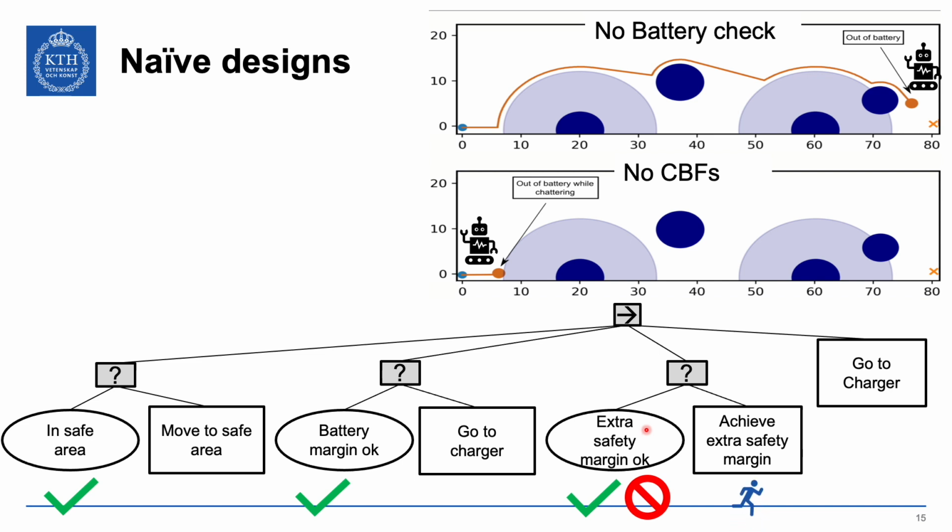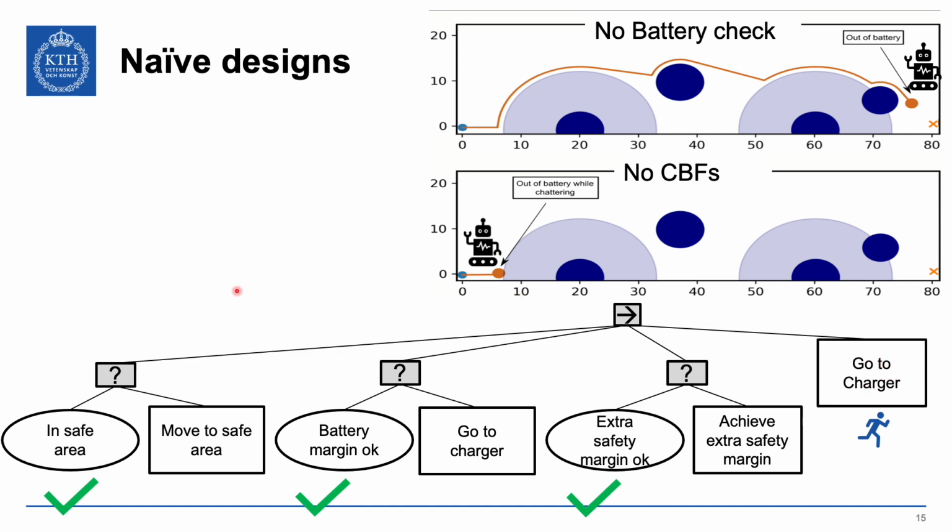Then we're going to be running achieve extra safety margin, just moving out of that area. And then at some point, this is going to be satisfied. We're going to go to charger again, going back into the area. So we're going to end up going back and forth here, switching between achieve extra safety margin and go to charger.